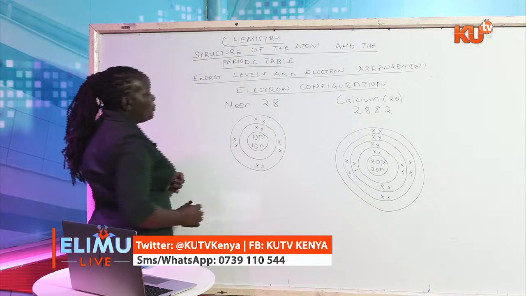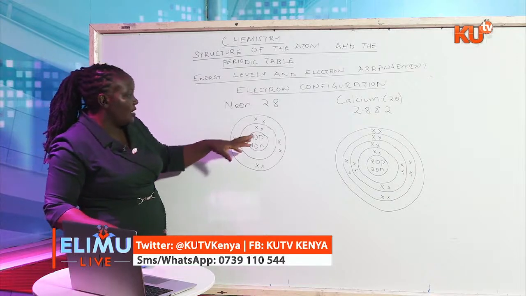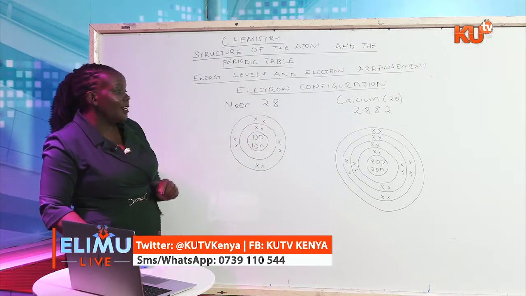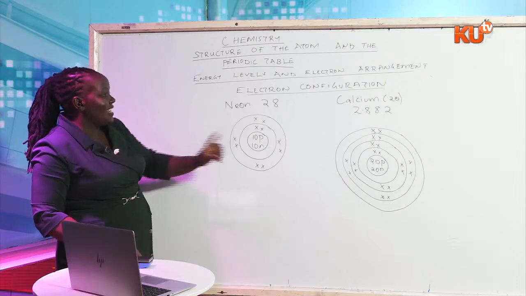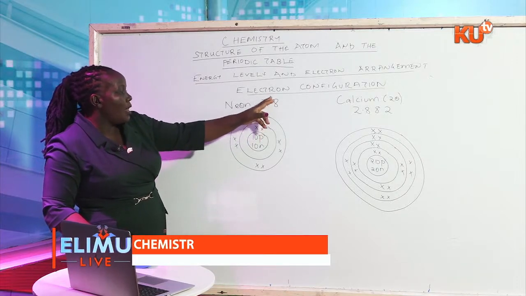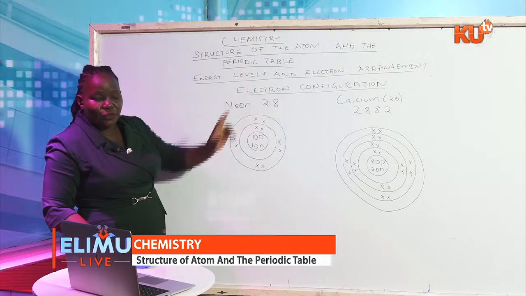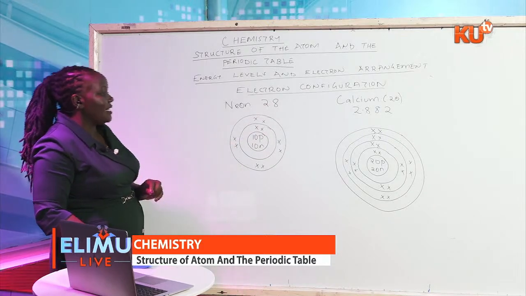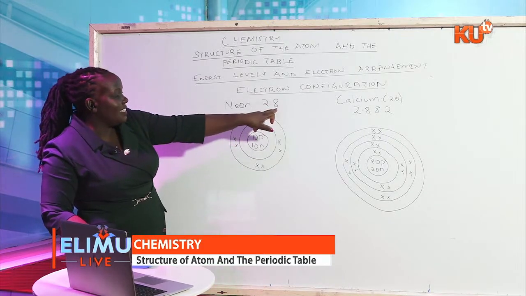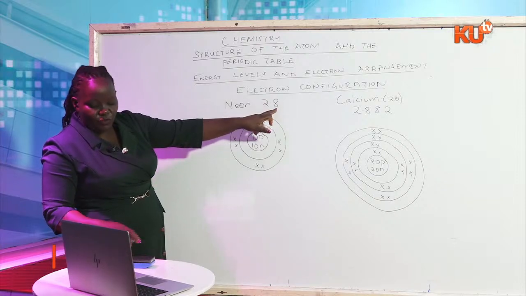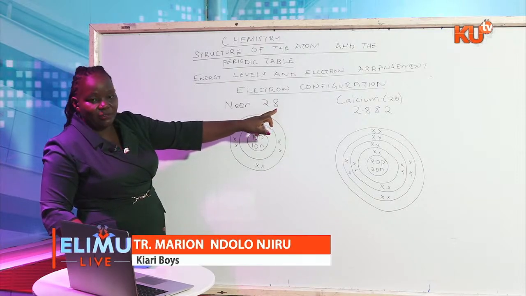If you look at the structure of neon or its electron arrangement, we can note that it has 2 energy levels. So it has occupied only 2 energy levels, and it has 8 electrons in the outermost energy level.